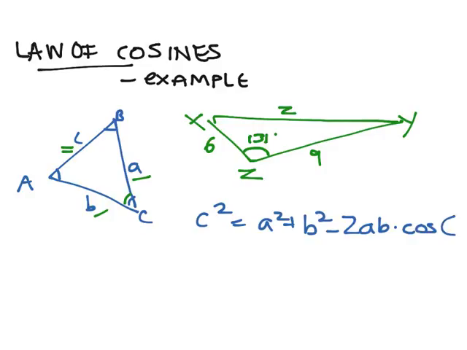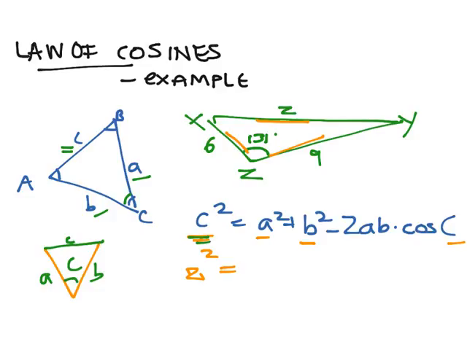Now, none of these are C's, A's, and B's, but the important thing to note here is that C is just the angle, C is the side we're solving for, and A and B are the sides which form angle C. So A and B are the sides adjacent to angle C, and side C is the one we're solving for, which is opposite angle C. So over here, we're solving for Z, and so Z squared is on this side, and sides 6 and 9 are adjacent to angle Z. So we know 6 and 9 are A and B. So Z squared is equal to 6 squared plus 9 squared minus 2 times 6 times 9 times cosine of 131.